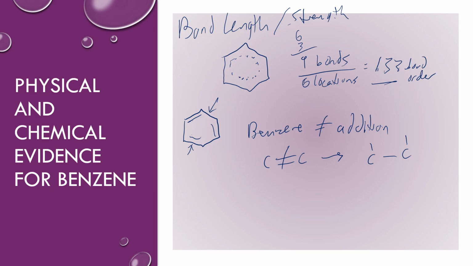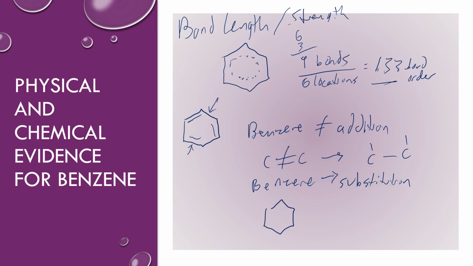It's more likely that benzene would do something called electrophilic substitution. We'll do substitution reactions instead. And specifically electrophilic substitutions, because benzene has all of these extra electrons, these 6 pi electrons in those 3 double bonds are able to attract electrophiles and substitute out a hydrogen.